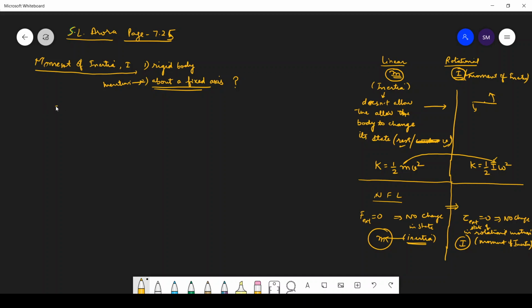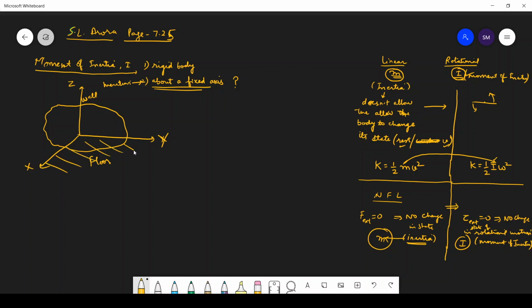Suppose you have this rigid body, you can see figure 7.36. This is the xy plane, x, y, and here we have z. So this is your floor, this is your wall, and this one is also your wall.